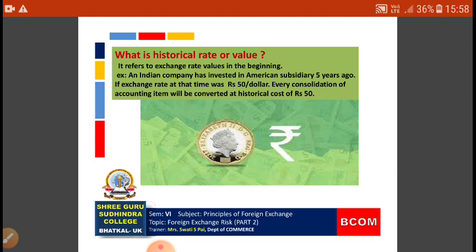If the exchange rate at that time was rupees 50 per dollar, every consolidation of accounting item will be recorded at the historical rate of rupees 50, because 5 years ago the exchange rate was rupees 50 per dollar. So you are going to convert in the future based on this historical rate.